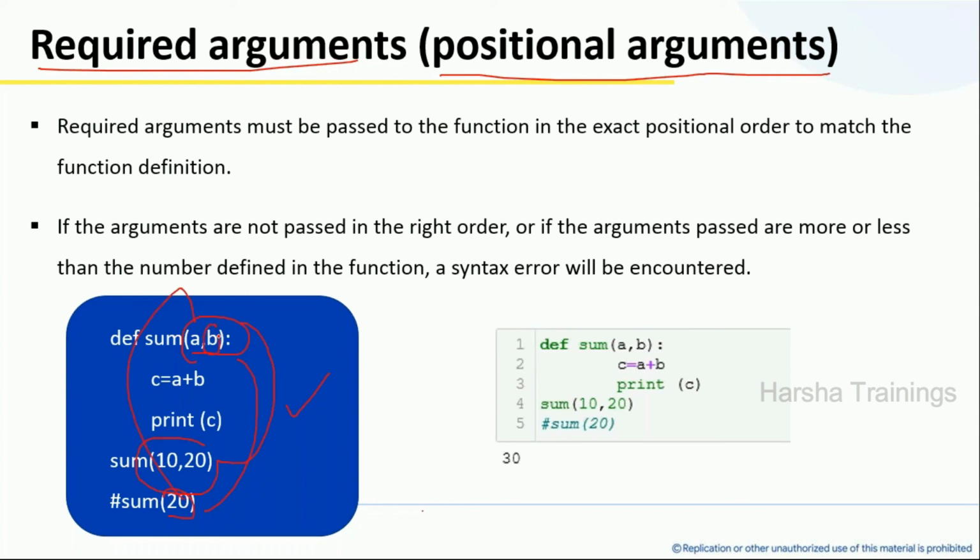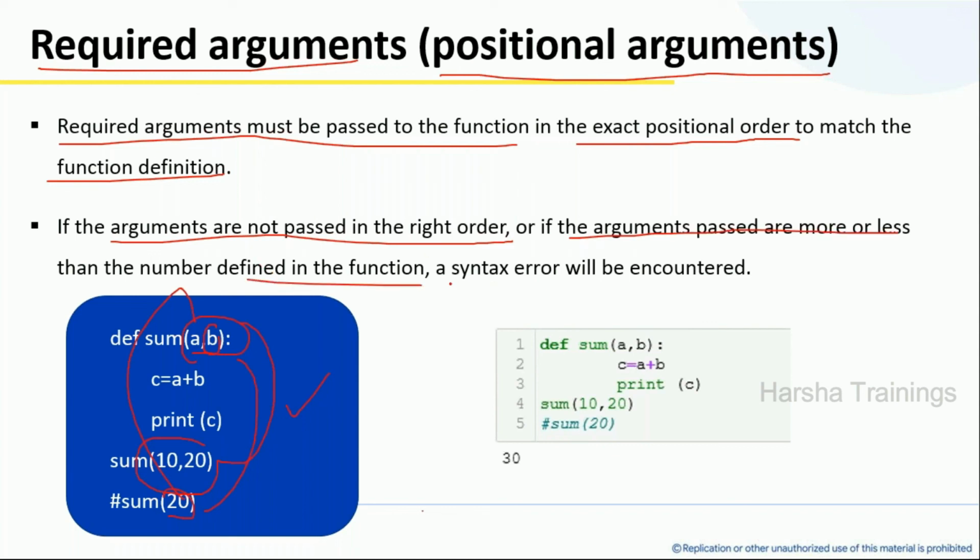It is an error. Required arguments must be passed to the function in the exact positional order to match the function definition. If arguments are not passed in the right order, or if the number of arguments passed is more or less than defined in the function, that is a syntax error. Now, got it?